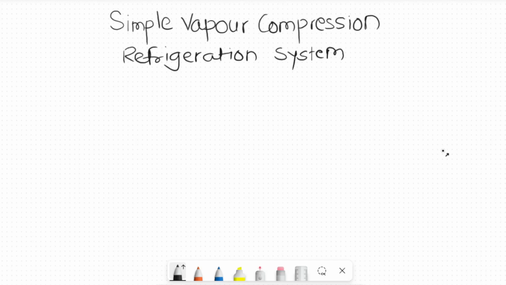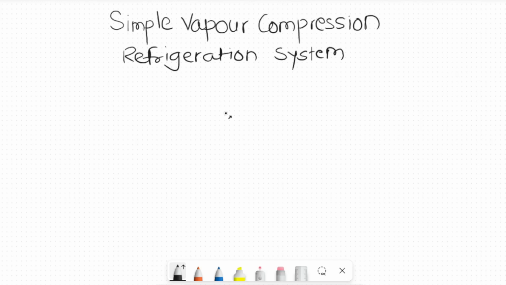In today's session, we are talking about simple vapor compression refrigeration system. The vapor compression refrigeration system is the improved type of air refrigeration system.